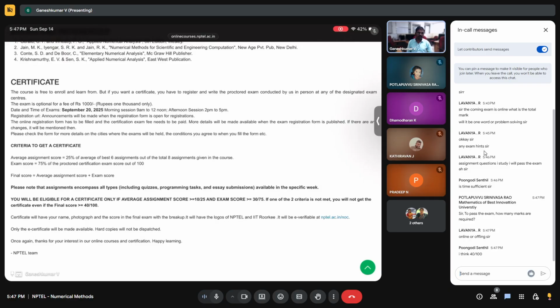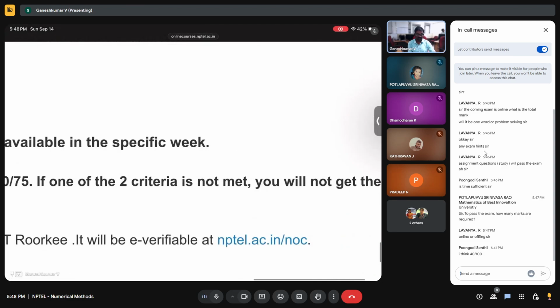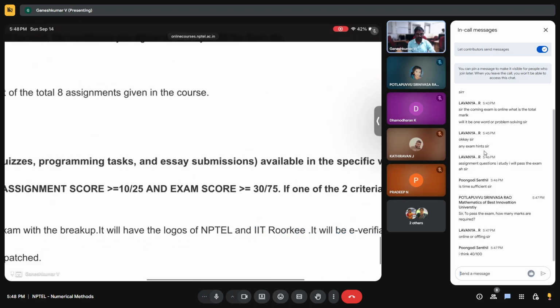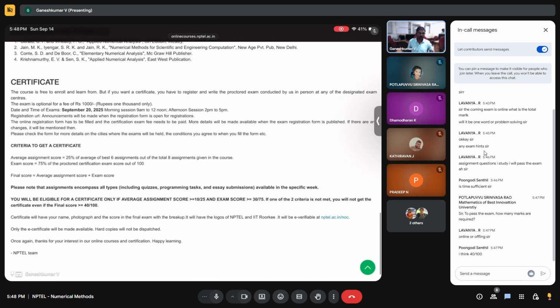Although it's 40 out of 100, assignments also you should score at least 10 out of 25, and exam should be about 30 out of 75. Those two individual constraints you have to satisfy in order to get the certificate. If one of the two criteria is not met, you will not get the certificate. It's not just 40 out of 100. Okay.